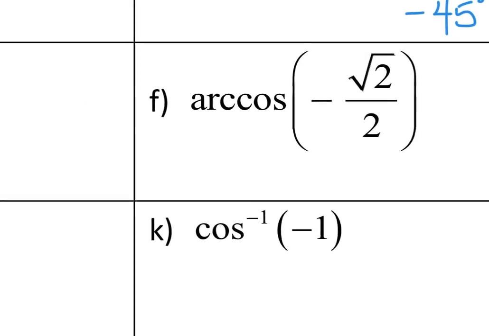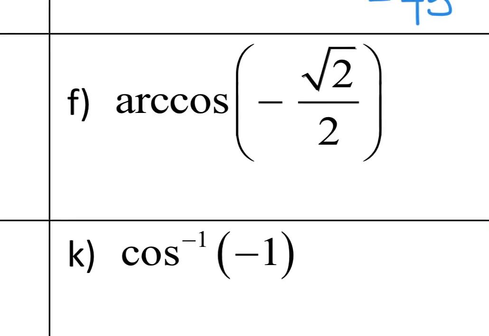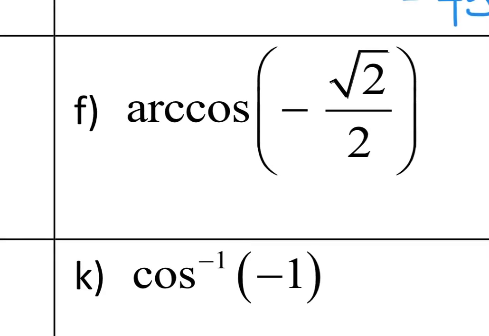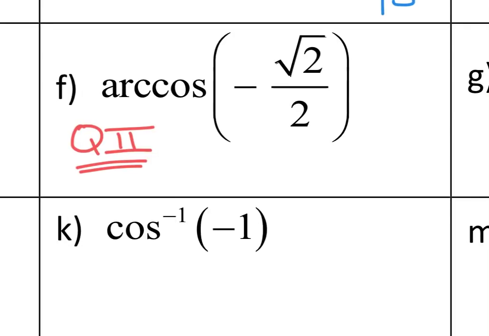Now, in letter F, we have an example of a negative input into inverse cosine. And remember that when your input into inverse cosine is negative, your answer is going to be a second quadrant angle. And so if it were positive radical 2 over 2, inverse cosine of positive radical 2 over 2 would be 45.